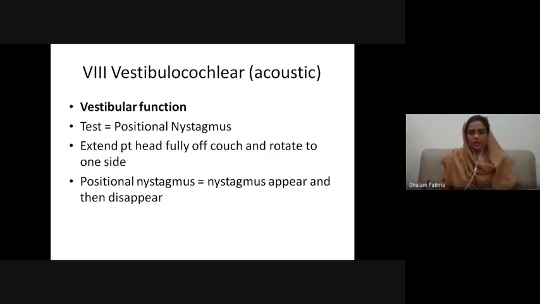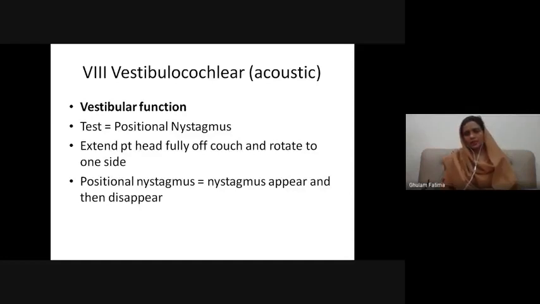In that position, the patient is lying on the couch, and the patient's head is extended off the couch in the first instance, and it is held in neck extension for 30 seconds. If there are no signs and symptoms, then the patient's head is rotated to one side, and it is again held for 30 seconds.